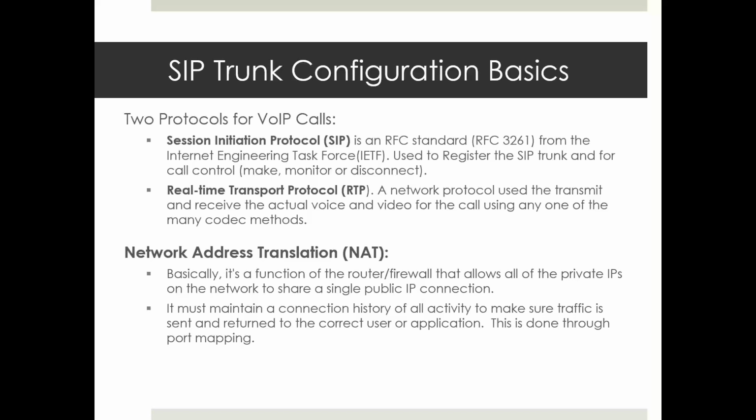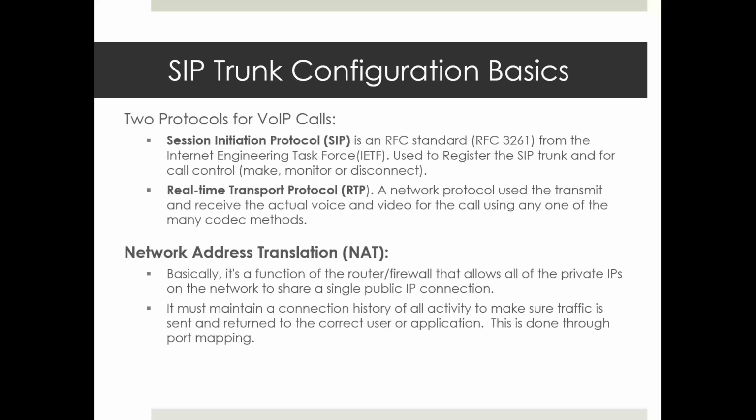Another thing that we're going to learn about today is network address translation, or NATing. Basically it's a function of the router or firewall. It allows all the private IPs on your network to share just a single public IP connection.